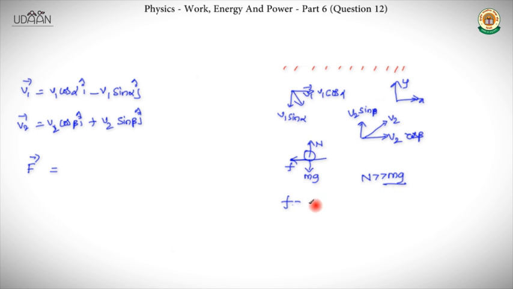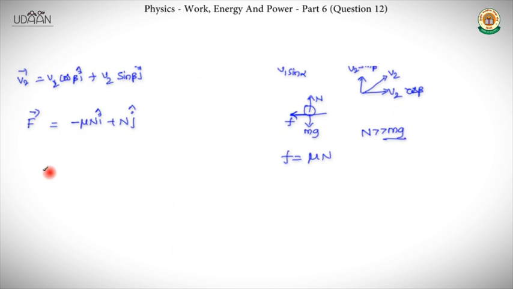And we know F is equal to mu into N, normal reaction. As frictional force is acting in the negative direction, we will be having minus mu N i cap plus normal reaction in the upward direction, so this is equal to N j cap.